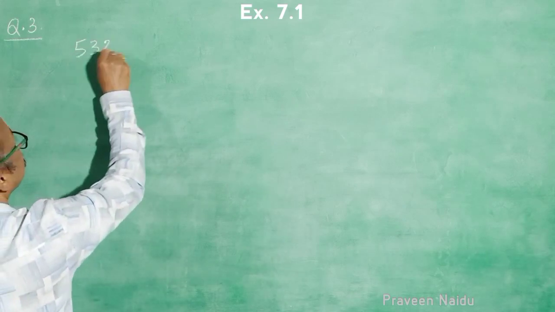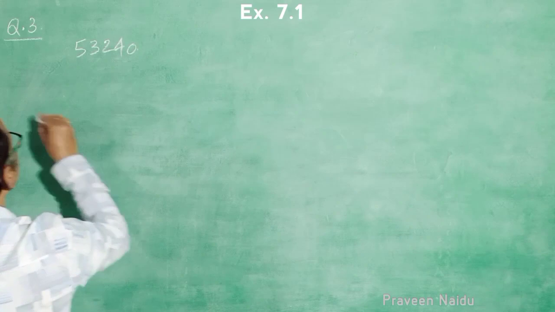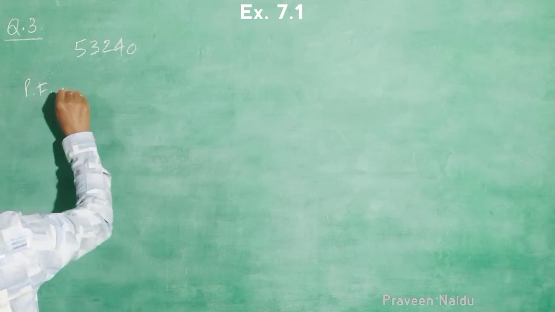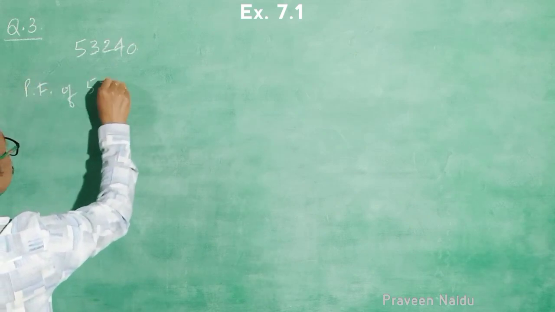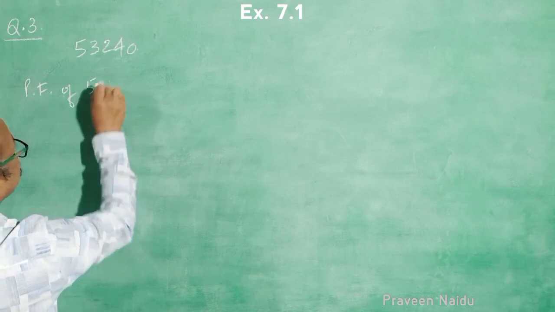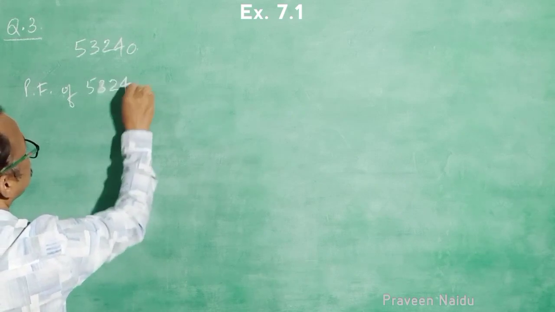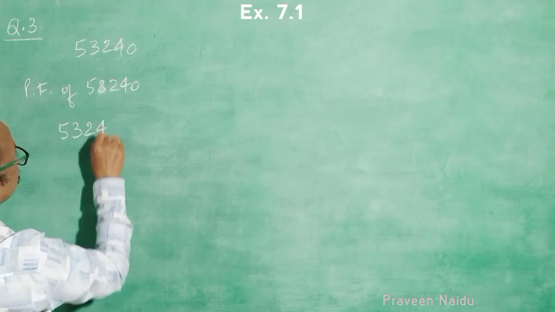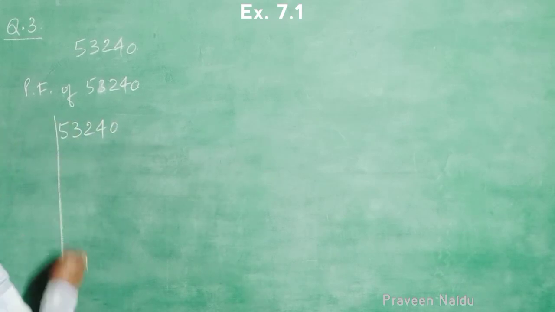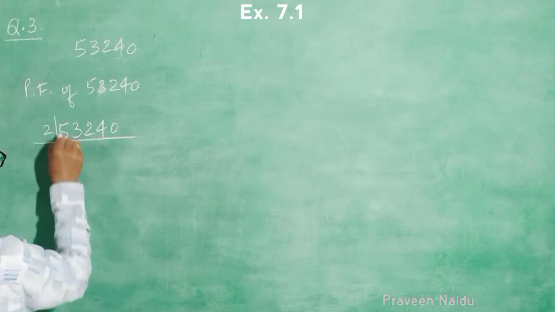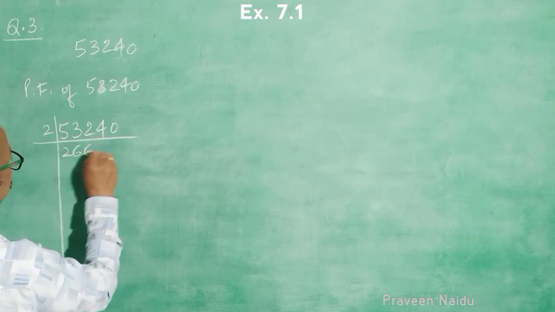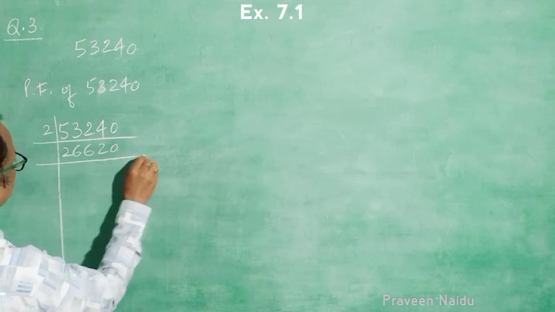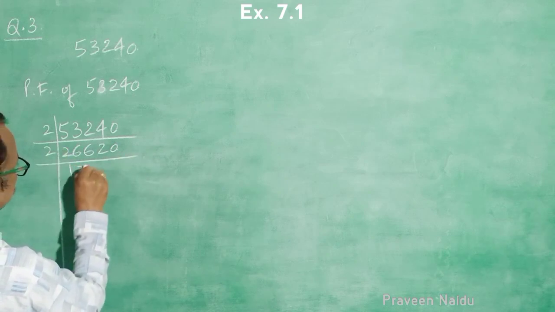Now question number 3. In this question we have to find out a number by which we divide the given number 53,240 so as to make it a perfect cube. Like the previous solution, again we find out the prime factors of the number.